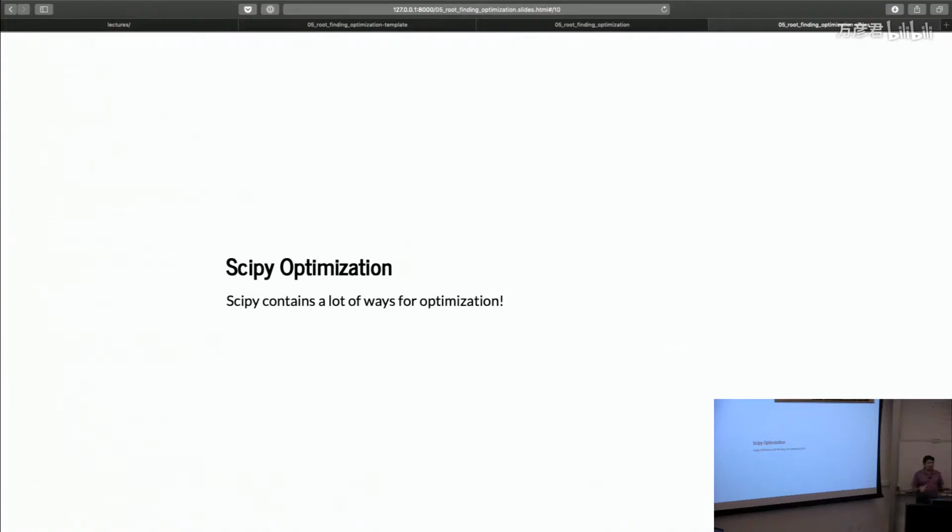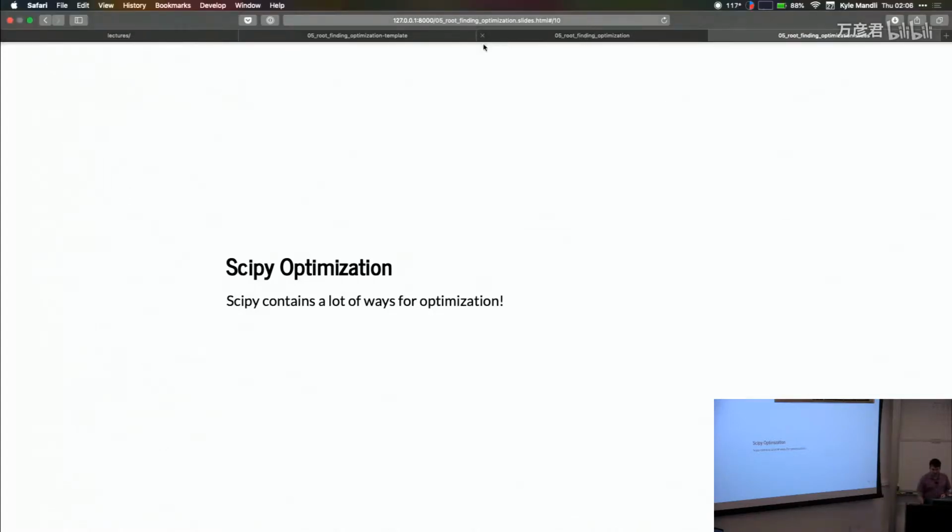Just to finish up here, SciPy has an entire package dedicated to optimization. It's not the best, but it works, I would say. Most of the best optimization algorithms today are primarily commercial, unfortunately. But SciPy optimization will at least get you a head start on it.